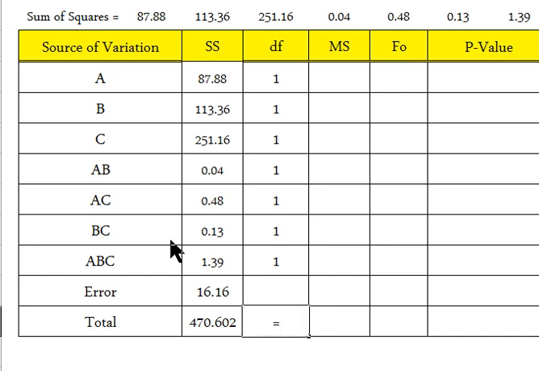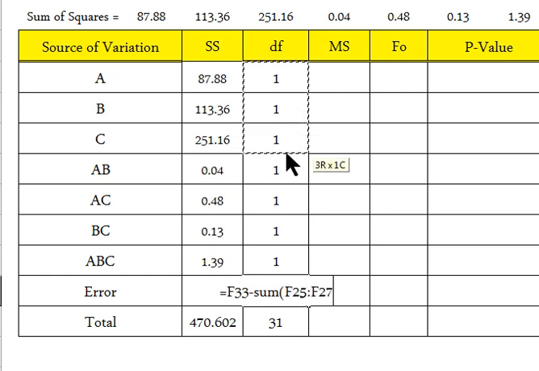Minus 1 will be 31 degrees of freedom. Now, for error, it would equal the total degrees of freedom minus all the degrees of freedom for the main factors and the interaction factors.